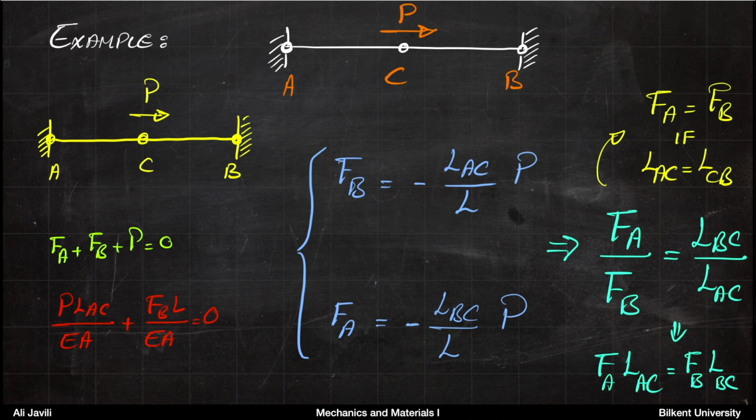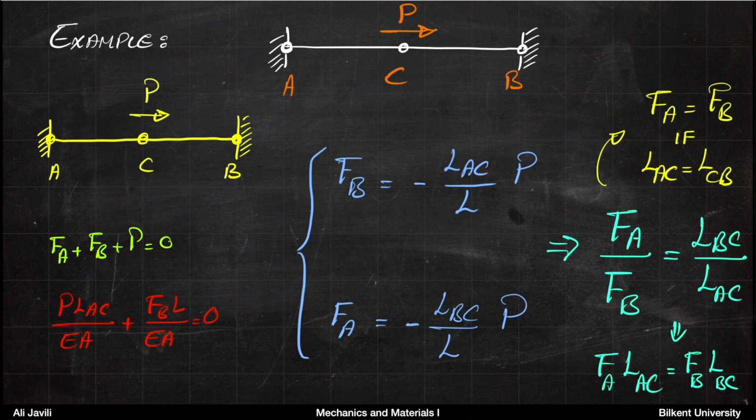So it means that if the arm, so let's call it the arm for A, this is the arm for B. If the arm is longer, the force is smaller. If the force is larger, the arm is shorter. Okay, so the arm times force must be equal.